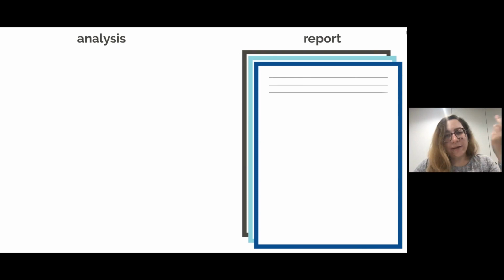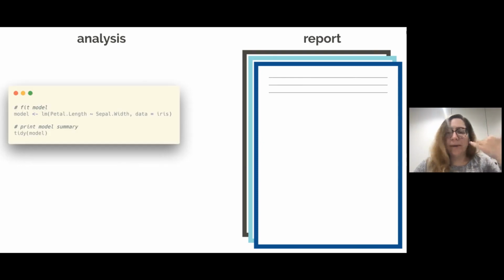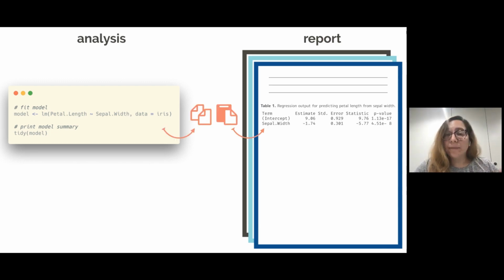So let's say that I'm doing my analysis, I write my report about this iris data set a little bit, and then I go ahead and fit a model where I predict petal length from sepal width, and then I print out the model summary. The way I print it out into my report is I run my code in R, I copy and paste it into my report that maybe I'm writing in a Word document or a Google Doc or something like that.